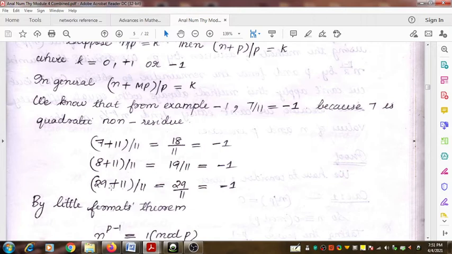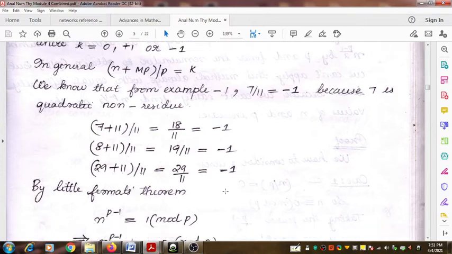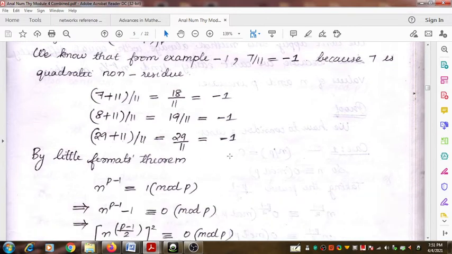And 29 equals 22 plus 7, so we can separate 22 from this number and get 7, so (29/11) equals (7/11), which is -1. So this is the application.